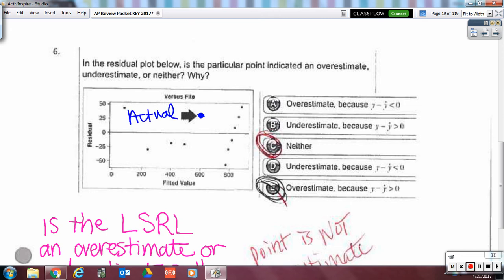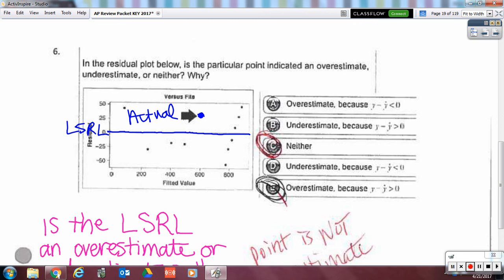This is an actual point, not an estimate. A point is not an estimate. What on that residual plot is an estimator? The line. This least squares regression line is the prediction line. That is what is estimating, and the actual data is around that. So that's why this is a neither. It's kind of a trick question.